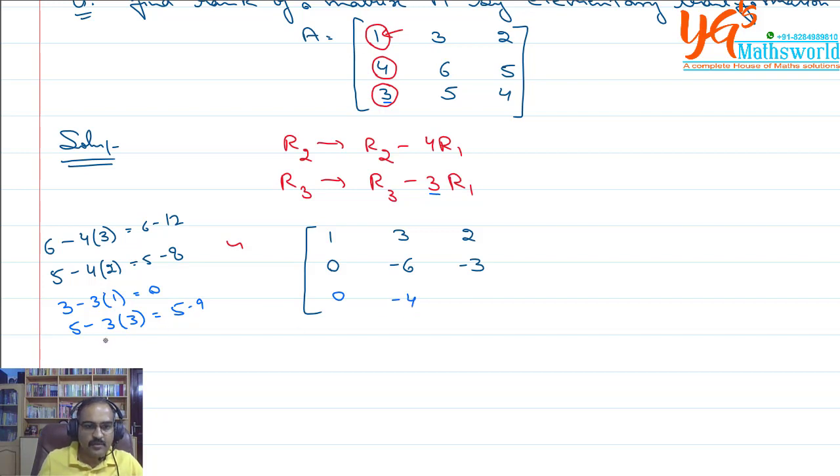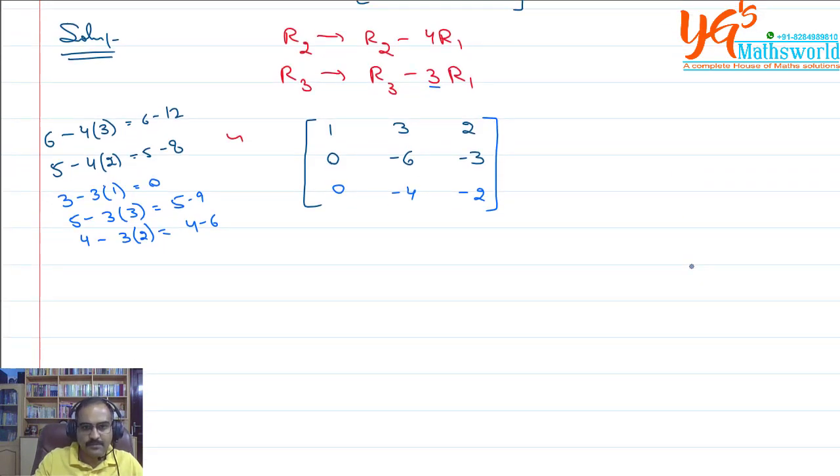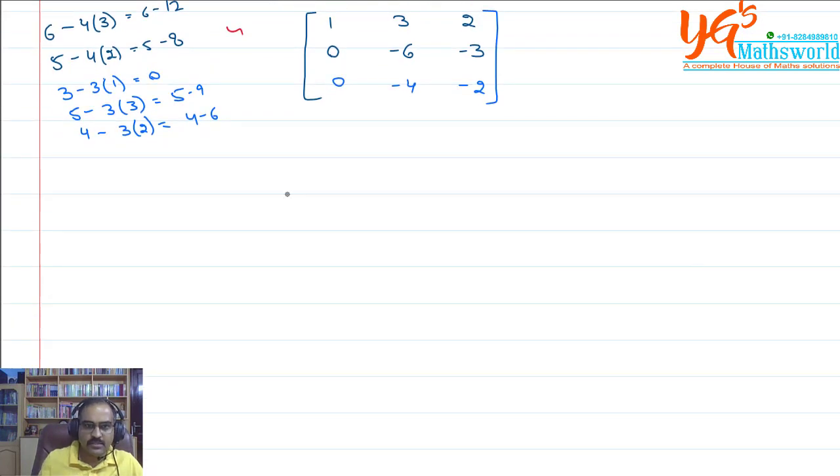And the last element, that is 4 minus 3 times 2, so it will be 4 minus 6, that is minus 2. So this is the first step. Now we have received these two elements as 0. Now the next step will be to reduce this one to 0, step by step.